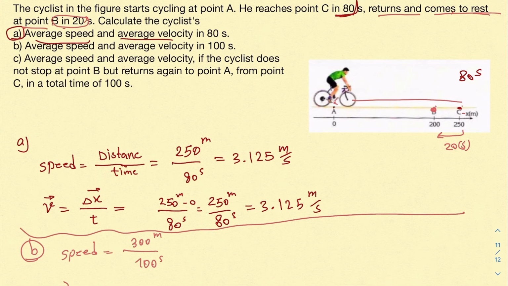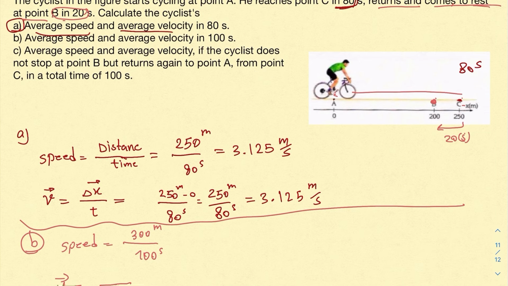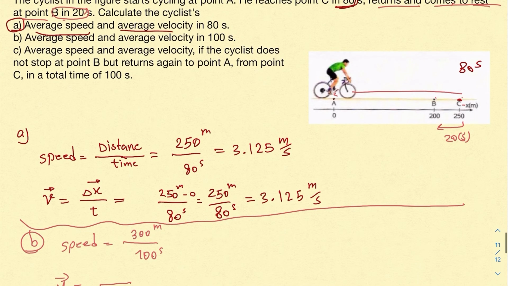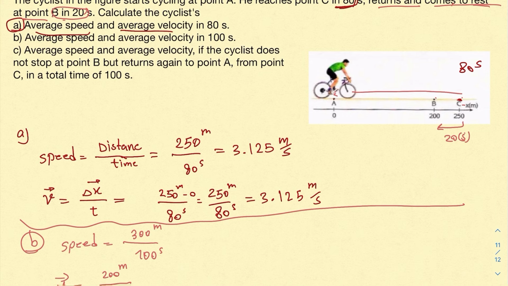And how about velocity? What is the displacement during this 100-second trip? When the object comes to B, the displacement is 200 meters, because displacement is always a vector connecting the initial position to the final position.